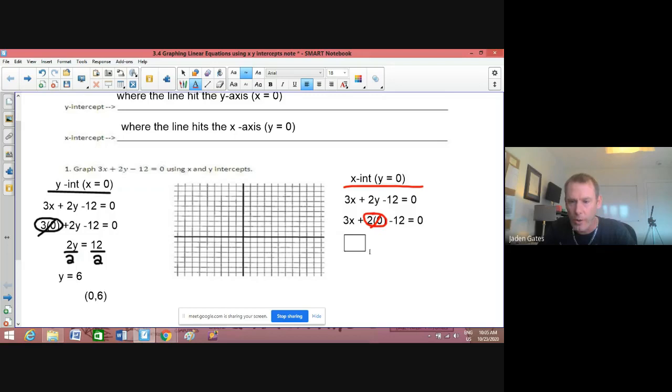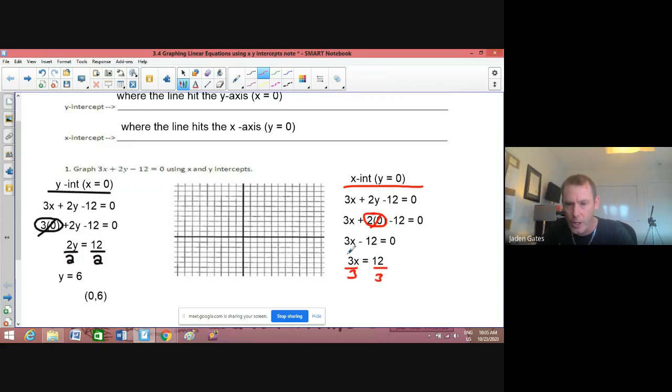And so what we have is an equation now where we've got 3x minus 12 equals 0. And I solve this equation by moving this minus 12 over to the other side. And again, it switches sides, switches sign, so it becomes a positive 12. I'm going to divide by my numerical coefficient.